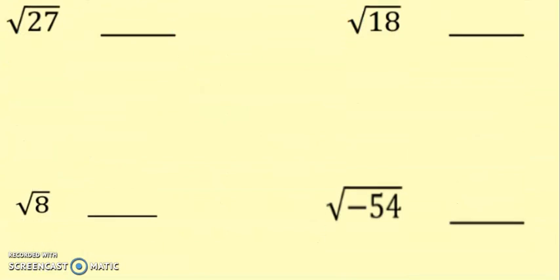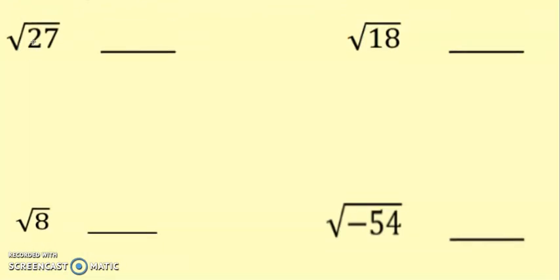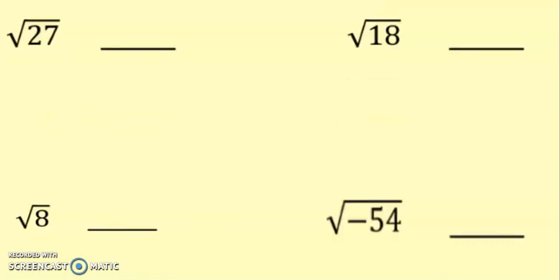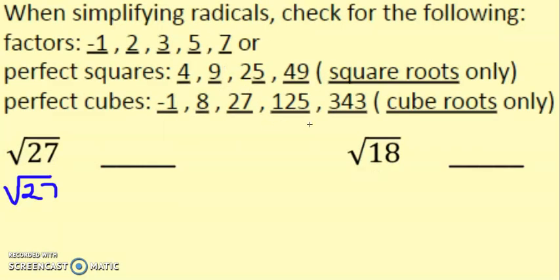So let's look at some examples. Let's start with the square root of 27. We're going to look to see which of the numbers we could take out of the square root of 27. We're going to try our square roots: 4, 9, 25, and 49.